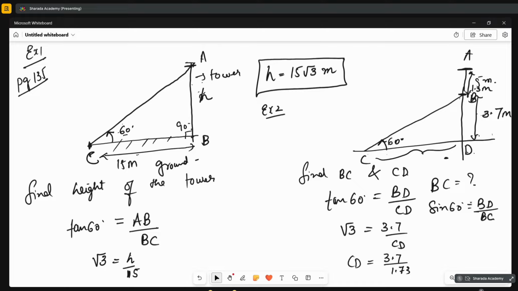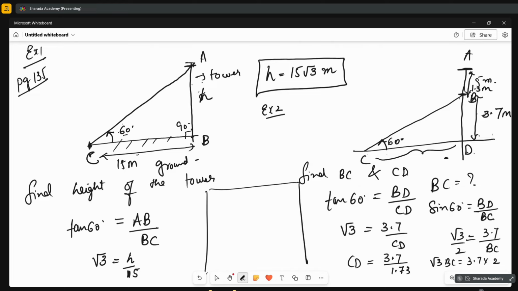Root 3 by 2 is equal to BD, which is 3.7, by BC. Cross multiply. Root 3 into BC is equal to 3.7 into 2, or BC is equal to 3.7 into 2 by root 3.